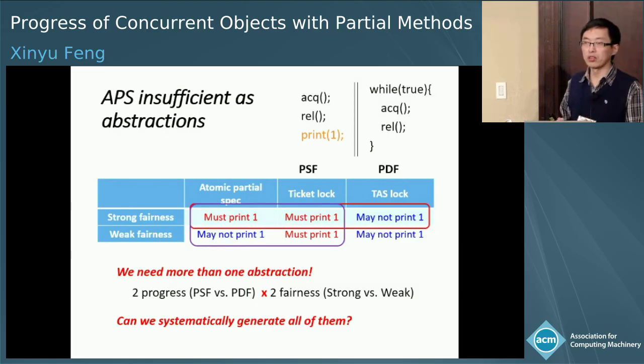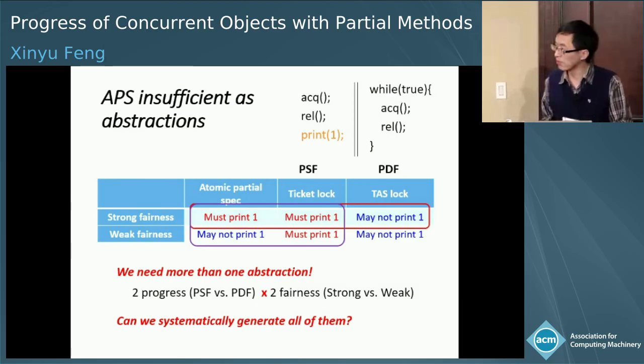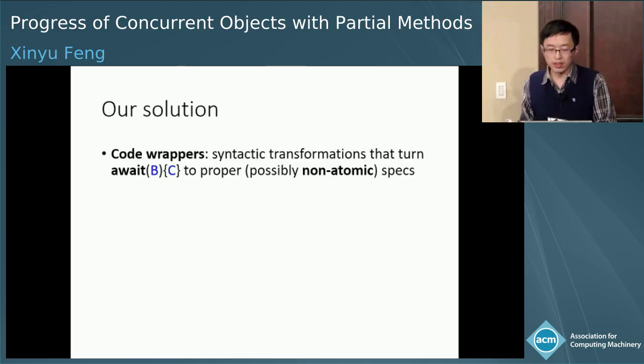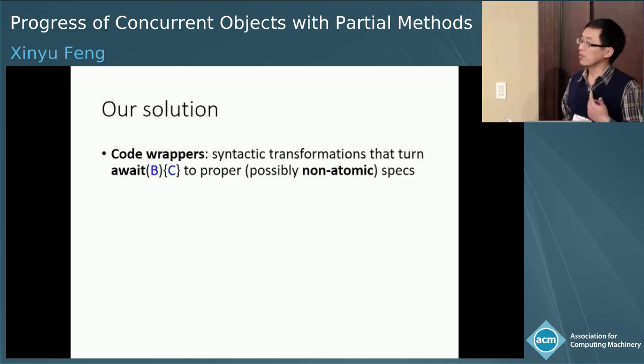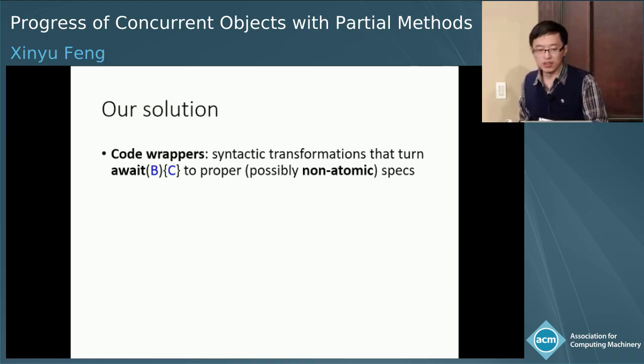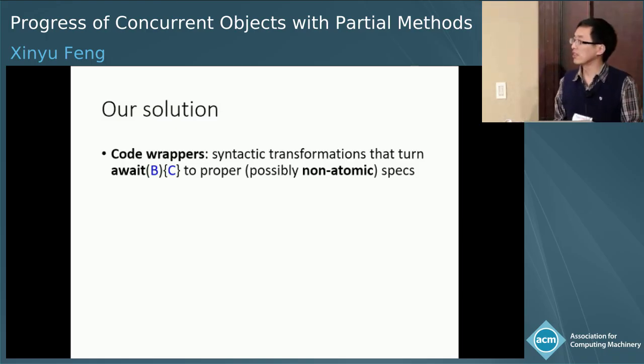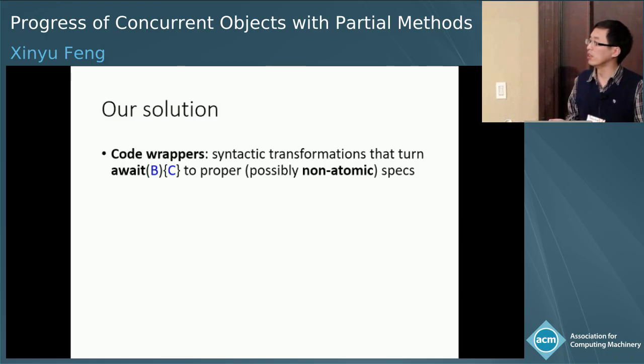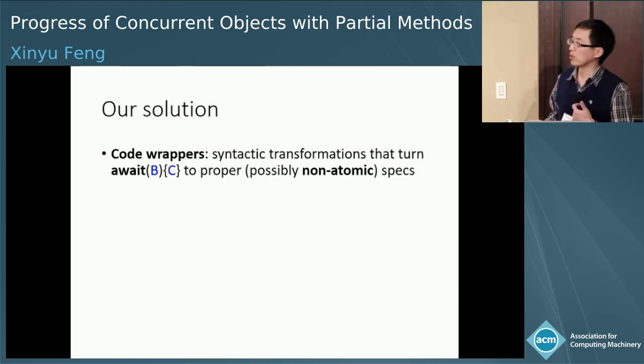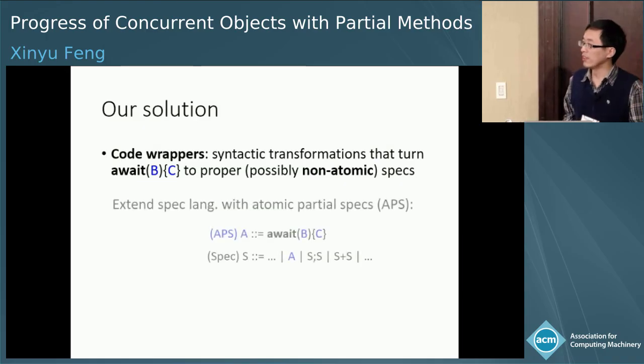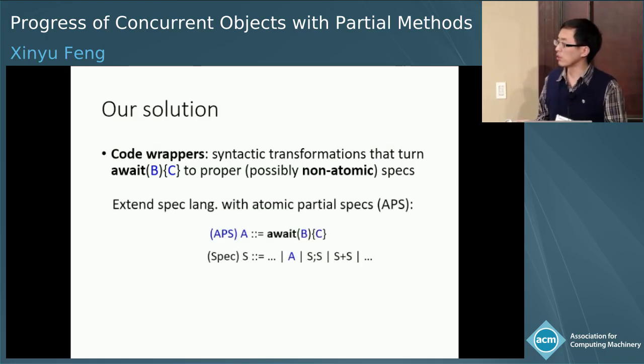After all, this is about the lock. It's about the same functionality, just about different progress properties. So the solution here is to design some kind of code wrappers, which are just syntactic transformations that turn each await block into some proper specification. Now the specification is general, it may not be atomic. So the idea is to introduce the notion of general specifications.